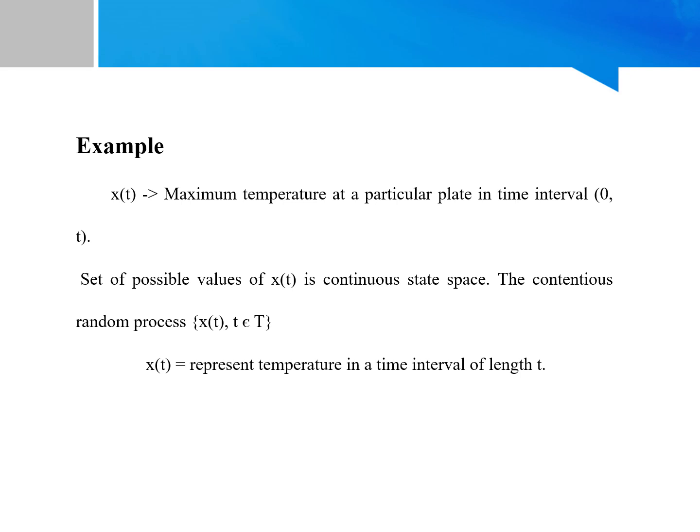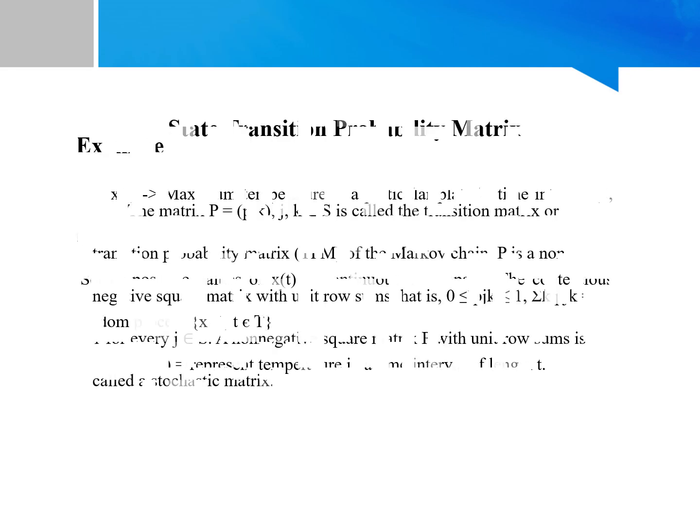The state space is continuous, and the time period is an interval of length t, that is 10 o'clock, then 11 o'clock, 12 o'clock, 1 o'clock, 2 o'clock, 3 o'clock, 4 o'clock. So the time period is also continuous. This is an example of continuous time, continuous state space.